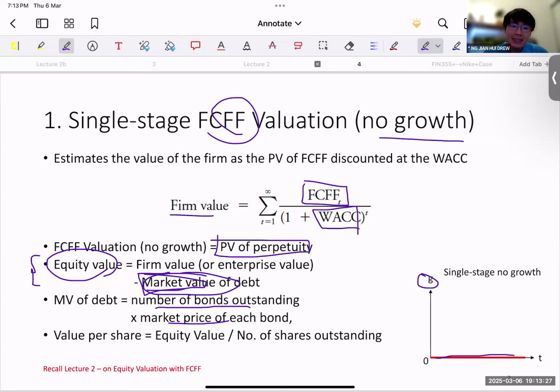I have a question. Is the market price of each bond equal to the par value of the bond? No? Okay, that's right. So what is the difference between the market value of the bond and the par value of the bond?